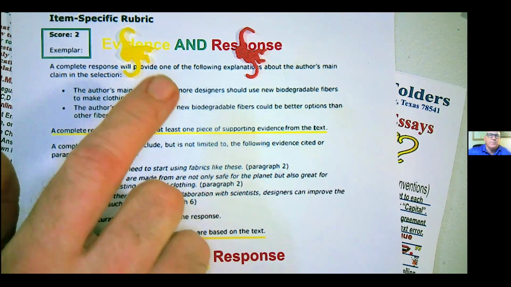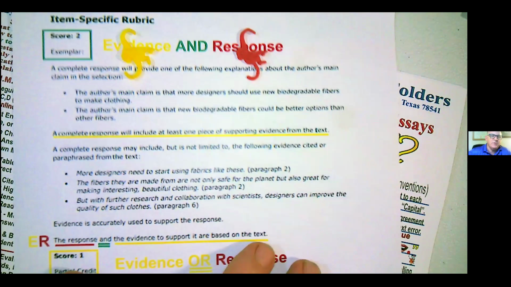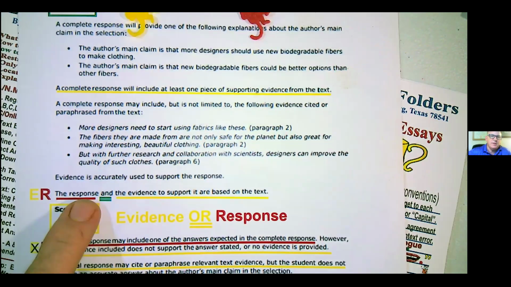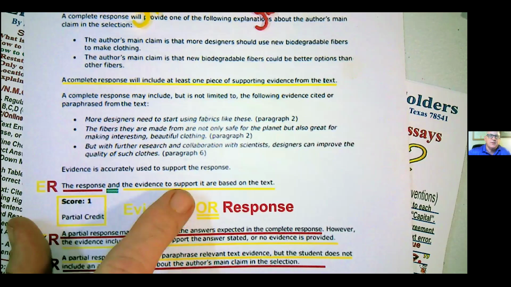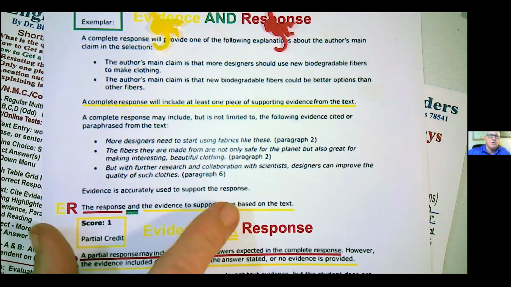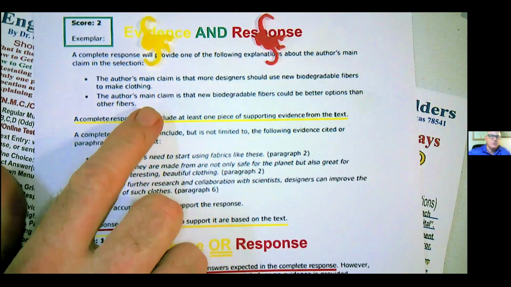Okay. So you can see here for the 2, the response, red, and the evidence to support it based on text, yellow, are both there. So the student gets a 2.